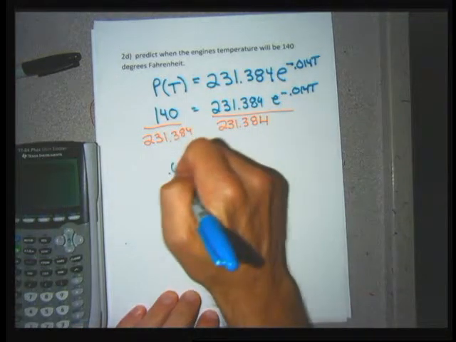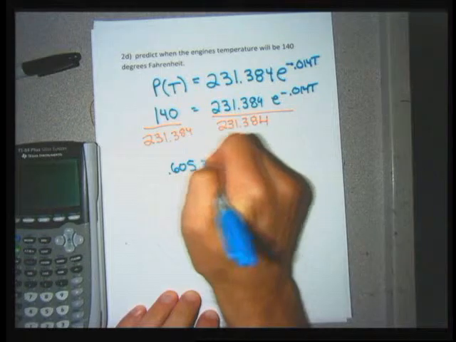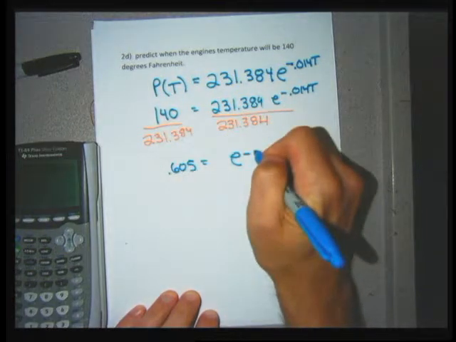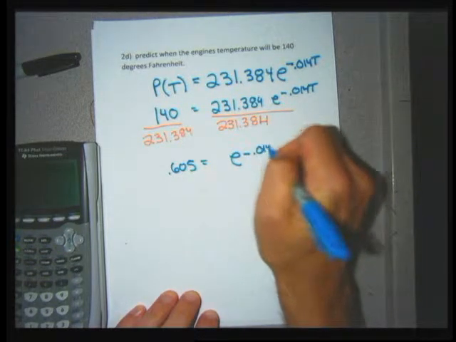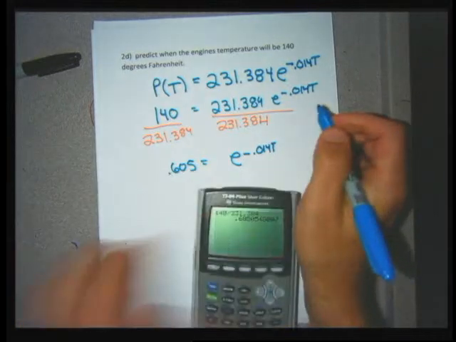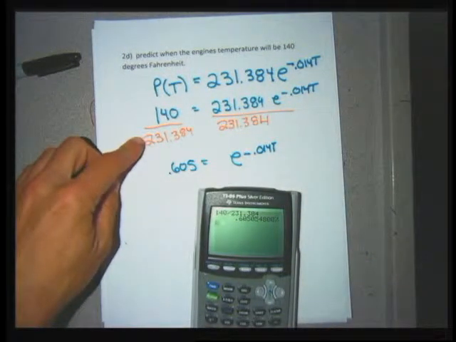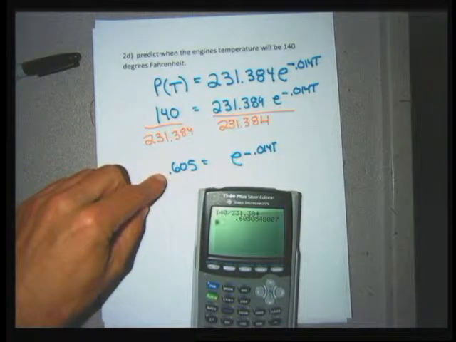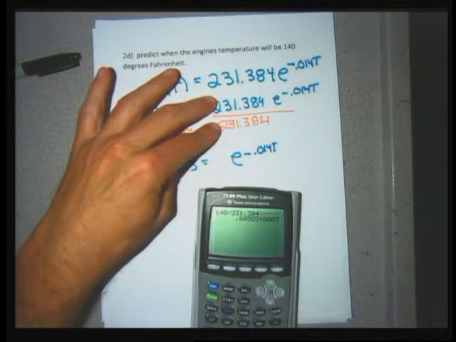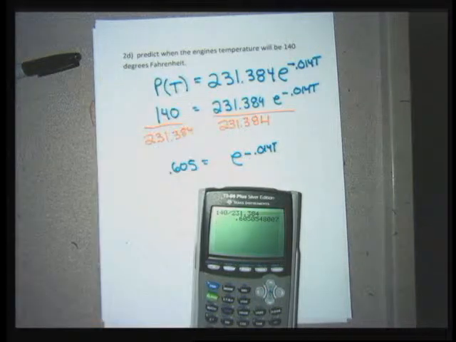Hopefully you could see that on my calculator. I'll flash it back up here just in case you couldn't. So doing that computation, 140 divided by 231.384 gives me 0.605 on the left side. It cancels the 231 on the right side and just leaves me the e piece.